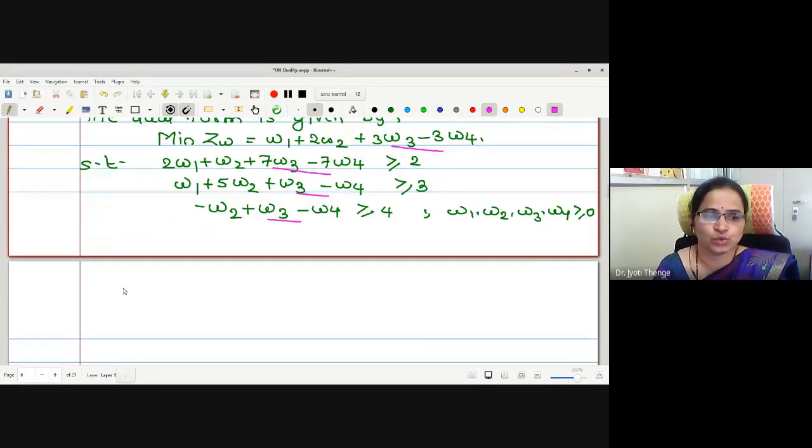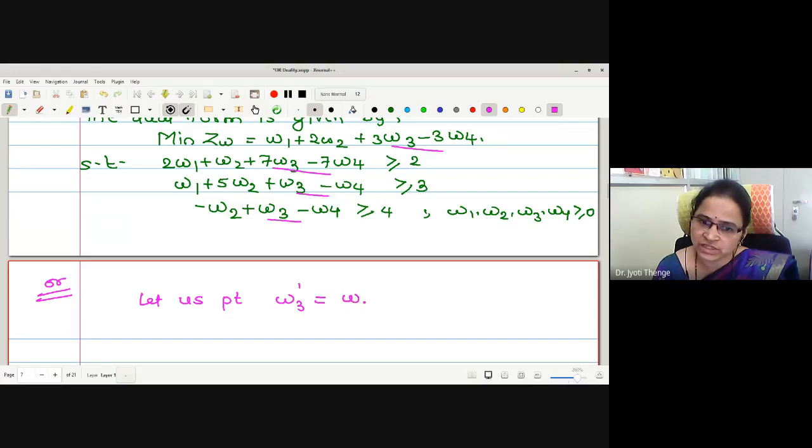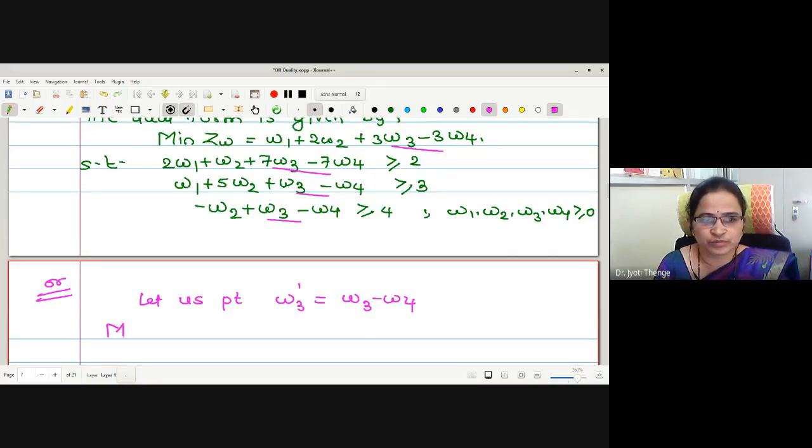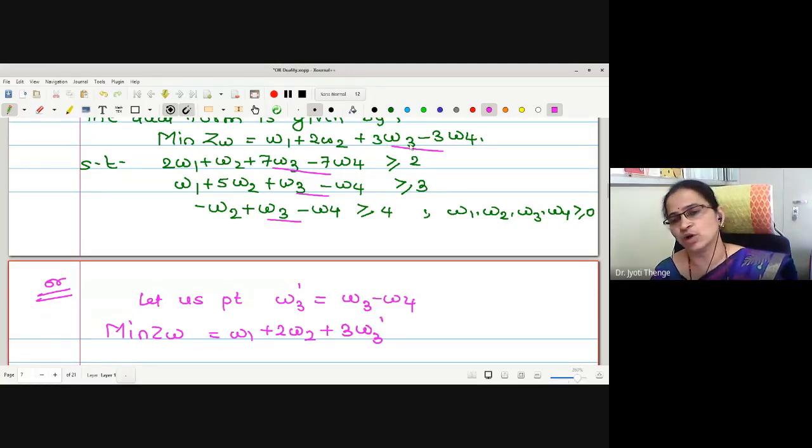Let me show you. Now, this is not mandatory to do. Let us call W3 dash as W3 minus W4. What are the changes? The objective function is minimize Z_W equal to W1 plus 2W2 plus 3W3 dash. I have taken 3 common, it remains with W3 minus W4.